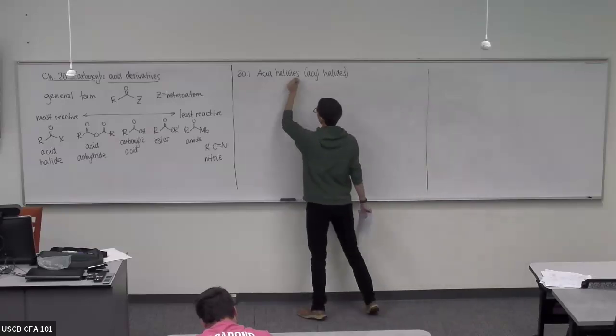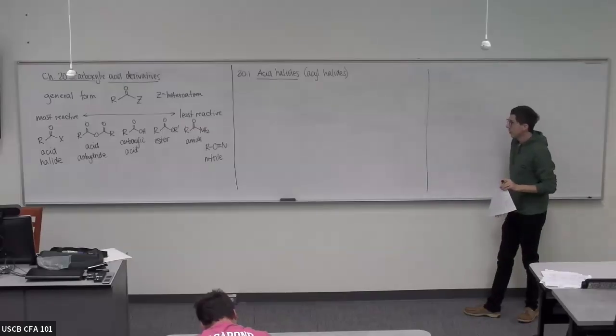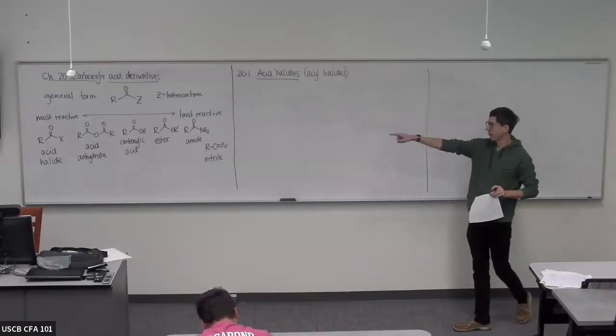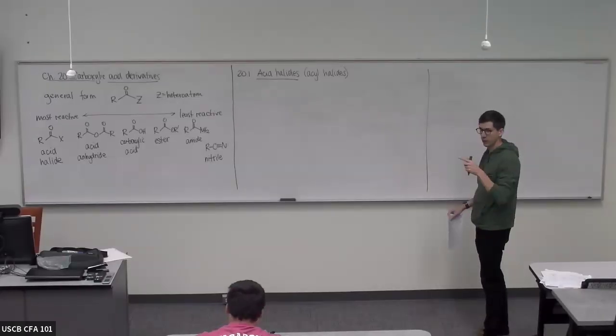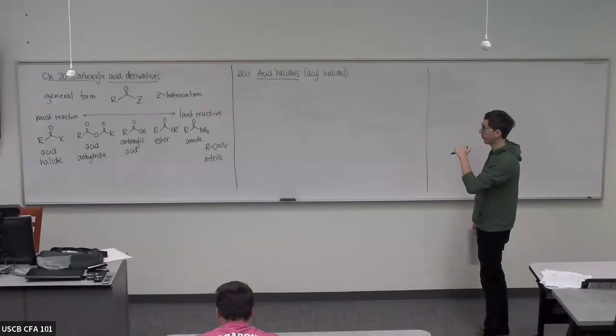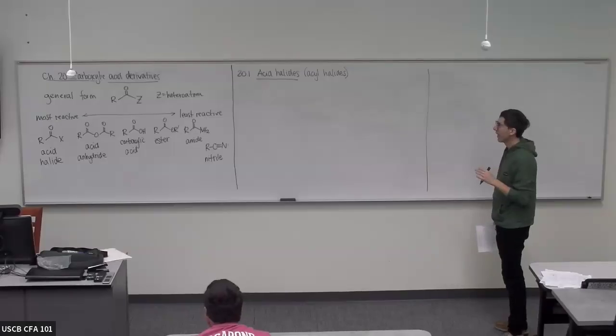Okay. Acid halides, or acyl halides, call them. What I'm going to do for basically each of these is we'll have a little mini section for each of the functional groups. I'm going to talk about how you make each one and then what reactions they do to make other functional groups. So there's going to be several places where I'm basically going to start repeating myself.